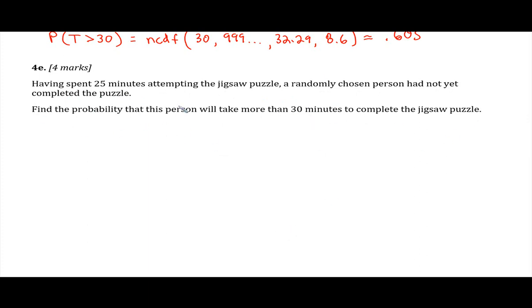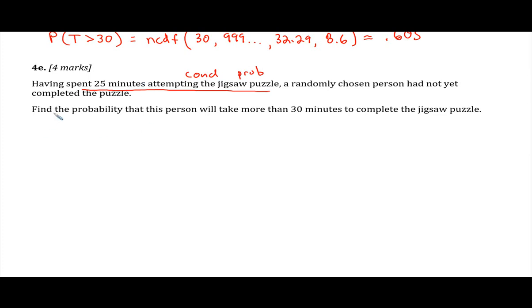This question is kind of tricky because you have to recognize that based on what they say, this is now a conditional probability question, because the condition is having spent 25 minutes attempting the puzzle. That means the person has spent at least 25 minutes. So this is our condition, and this makes it a conditional probability type question. You have to recognize that.